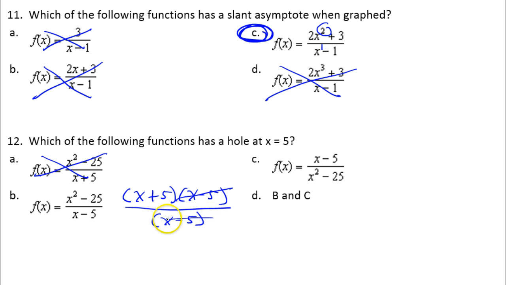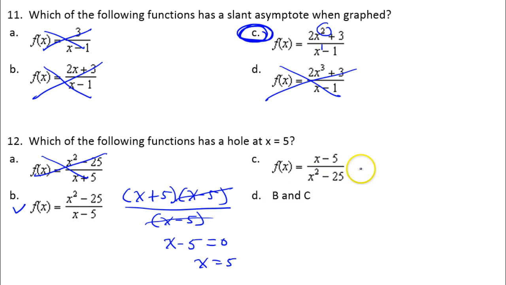Now these are going to cancel out, and that is going to give me a hole. Okay, so I will have a hole, and to get the hole, I'm going to set x minus 5 equal to 0, and I'll have x equals 5. So there will be a hole at x equals 5, which is what I wanted. Okay, so B is looking good.